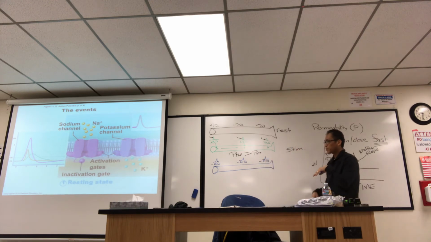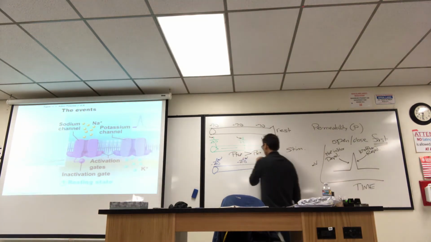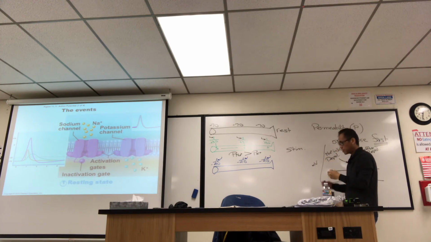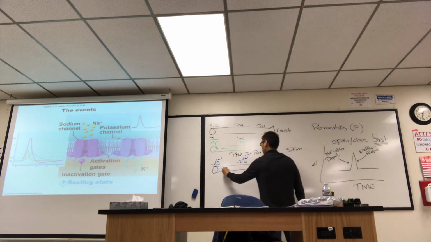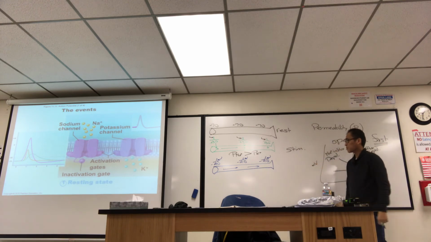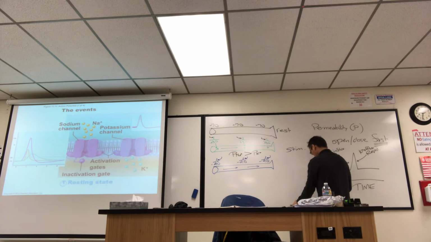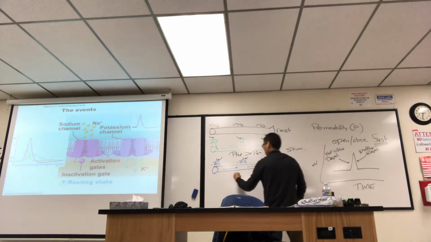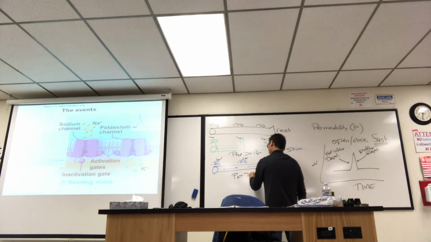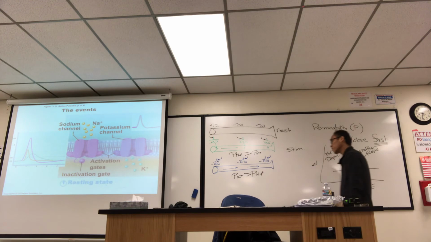So again, I'm trying to illustrate the repolarization. We actually hyperpolarize, so on the other side you get more negative. During that time, as the thing propagates all the way down, it's kind of hard to illustrate with these pictures. This is a situation where the permeability of potassium is greater than the permeability of sodium.